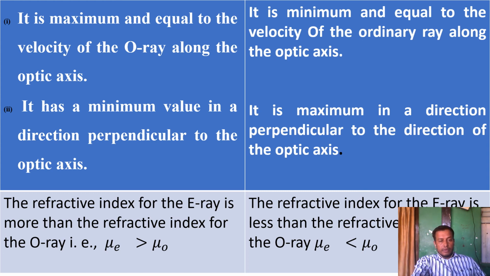The refractive index of the extraordinary ray is greater than the refractive index of the ordinary ray in a positive crystal, whereas in a negative crystal the ordinary refractive index is greater. These are the differences between positive and negative crystals.